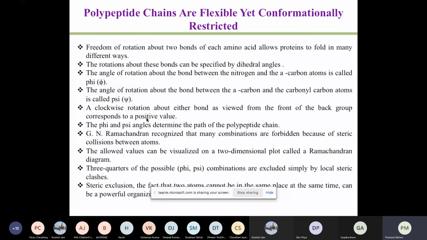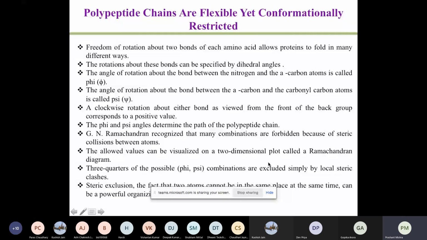What he did is that he tried to plot phi and psi angles, and he showed which could be the possible or most favorable secondary structure of the protein. So the allowed values can be visualized in a two-dimensional plot, which is called a Ramachandran plot or Ramachandran diagram. Three quarters of possible phi and psi combinations are excluded simply because of local steric clashes.